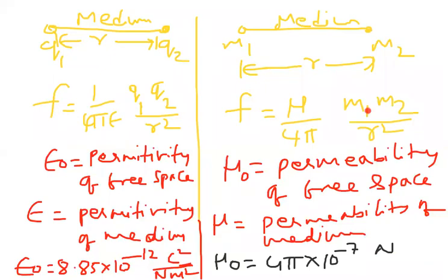R is distance, unit meter square. Pole strength units are ampere meter into ampere meter, which means ampere square meter square. So meter square cancels, and we can write the units as Newton per ampere square.